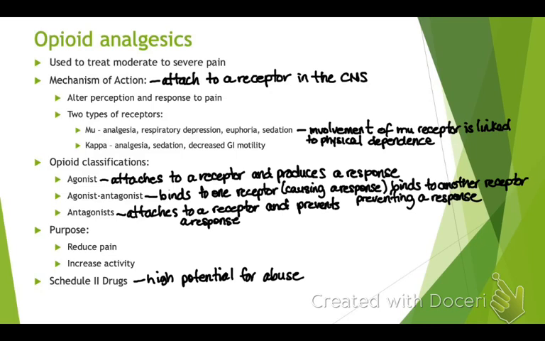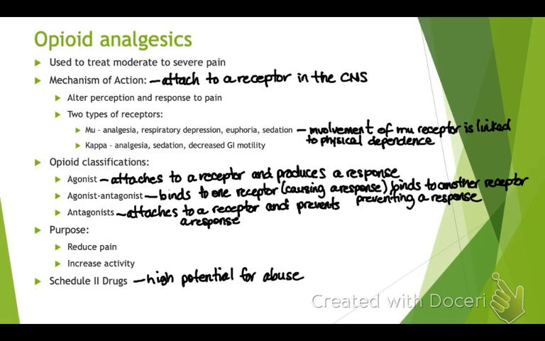You have two types of receptors that opioids react on. And you have your mu receptors, which are analgesia. They cause respiratory depression, euphoria, sedation. The involvement of the mu receptor is linked to the physical dependence.